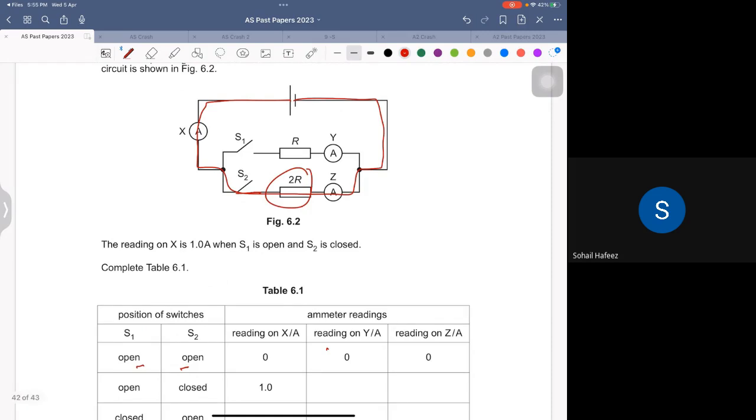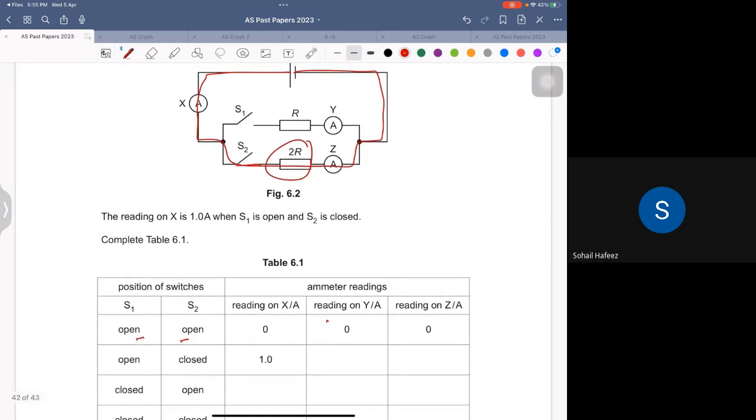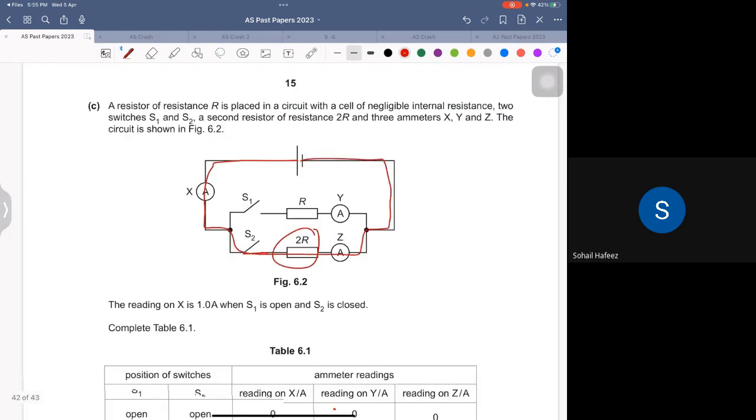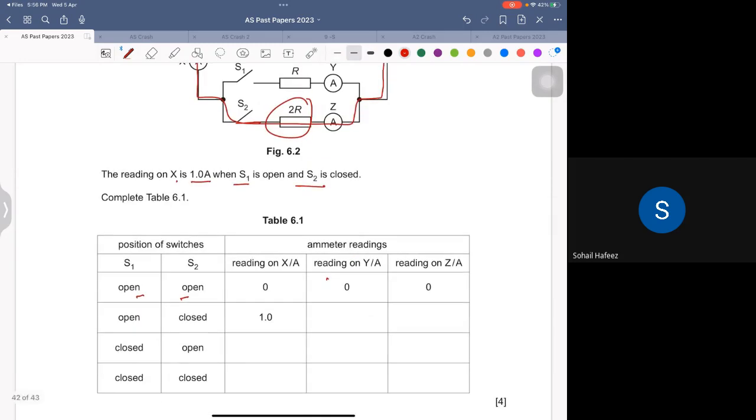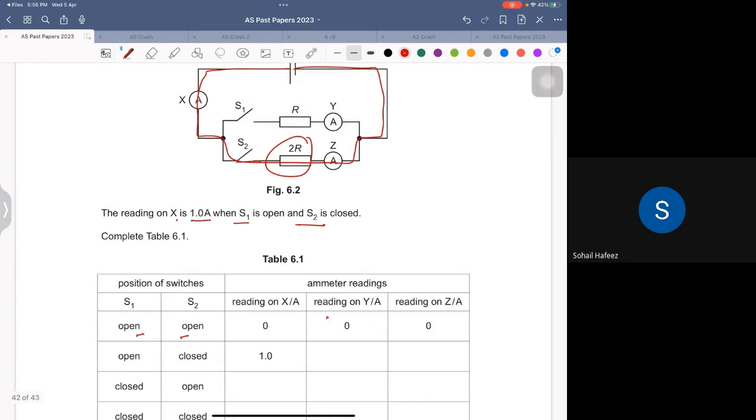That means Z and A will both be in series, so they show the same current. The reading on X is 1 A when S1 is open and S2 is closed. Then on Z it will be the same, 1.0, and on Y it will be 0 because the current doesn't pass from there.